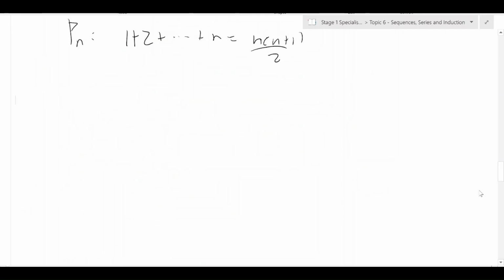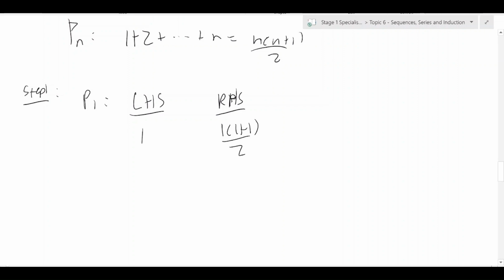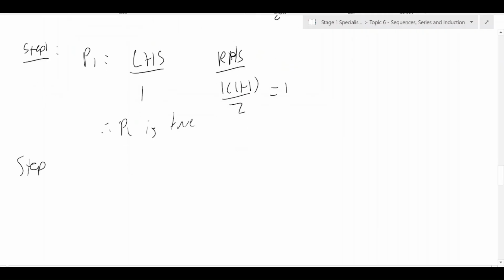So basically step 1 is going to be to prove that P(1) is true. So on the left-hand side, I get 1, and on the right-hand side, I get 1(1 plus 1) over 2, which is 1. So that's really good. So P(1) is true. Step 2, assume P(k) is true.